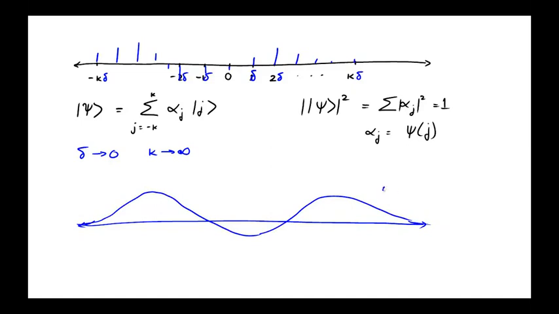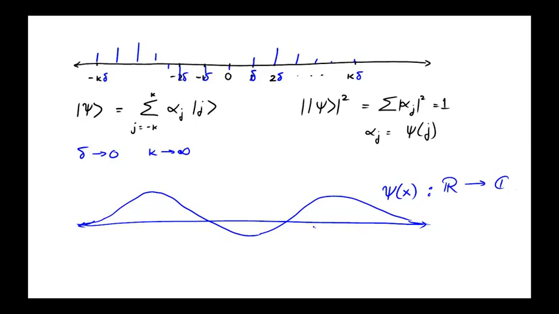Okay, so we have some function psi of x, from the real line to the complex numbers. So for every x, which is a real number, you have a complex amplitude.